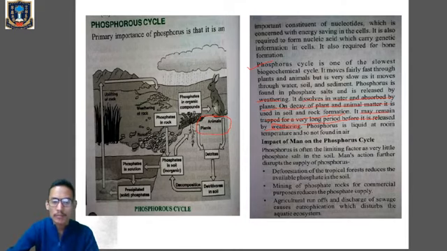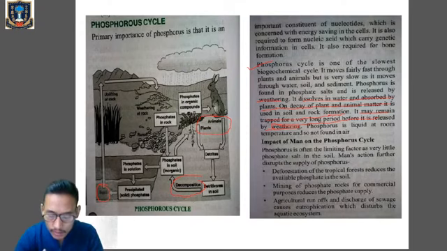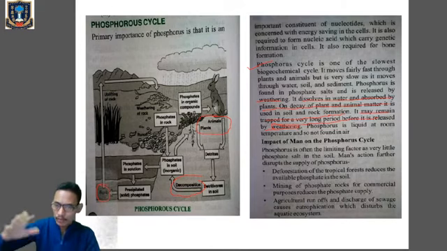Then it will be present in the soil and in the rock formation. So it will be present in the rock, and in the soil also. Clear? Now, mainly by the process of weathering, it will be released after a longer period of time.